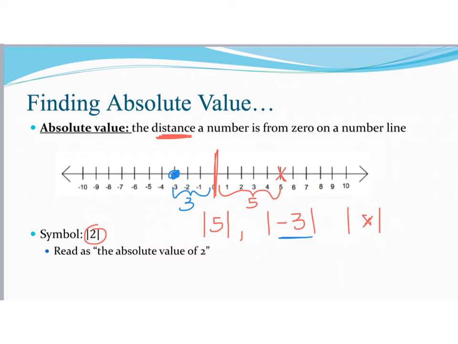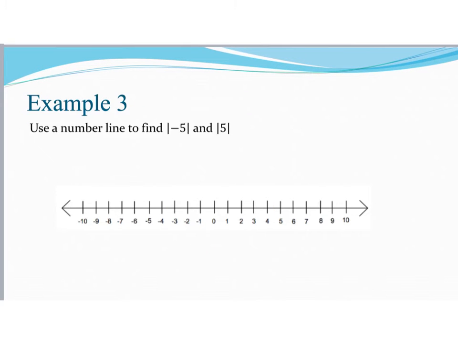So let's go ahead and look at a quick example. Example 3 wants us to use a number line to find the absolute value of negative 5 and the absolute value of 5. I'm just going to draw a line in here so you can see where the 0 falls. The absolute value of negative 5 tells me to find the distance from 0 of negative 5.